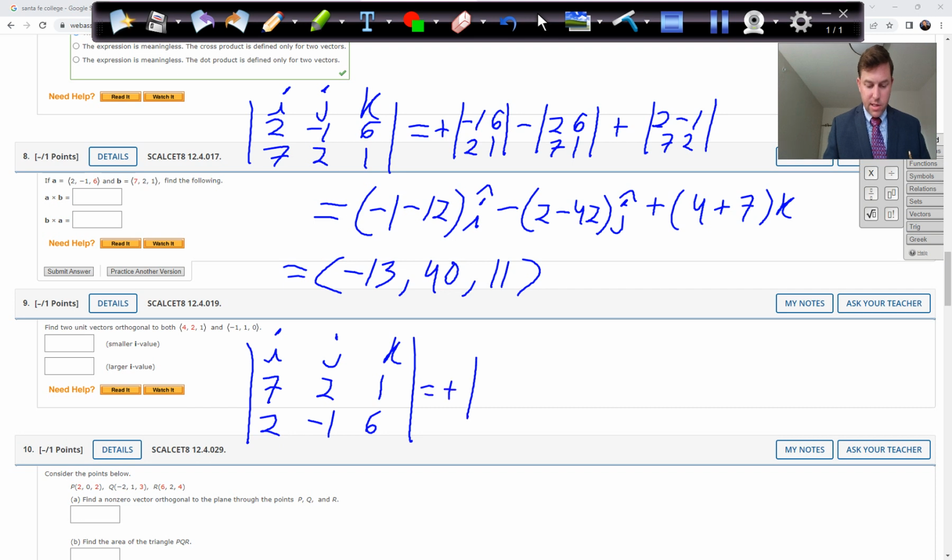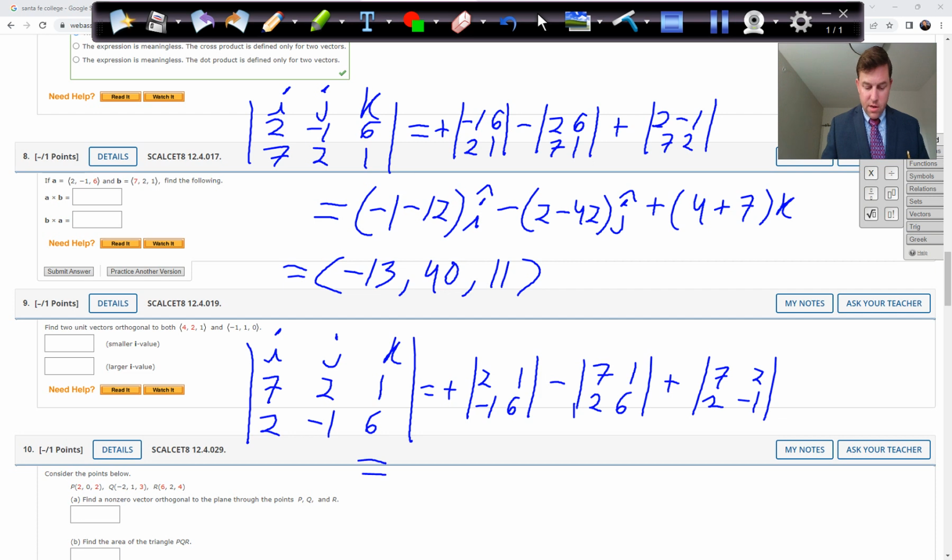This will equal plus determinant, minus determinant, plus determinant. Cover up I. You should have 2, 1, minus 1, 6. Cover up J, 7, 1, 2, 6. Cover up K, 7, 2, 2, minus 1.